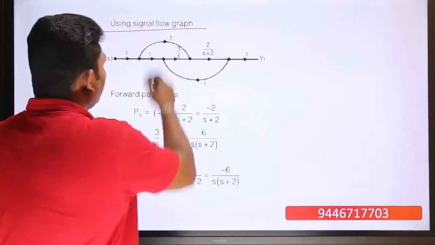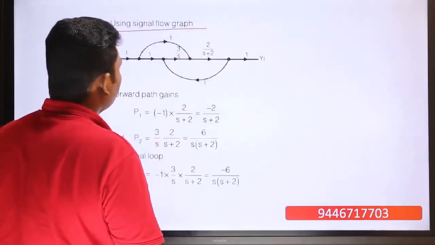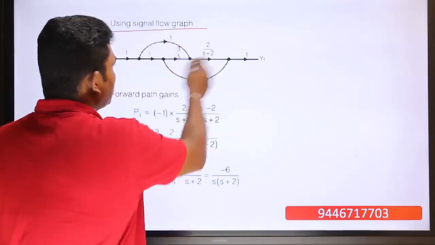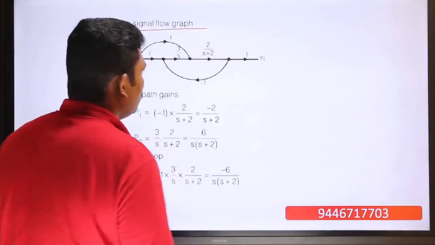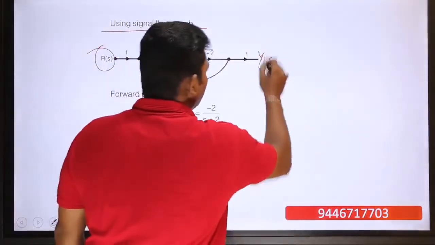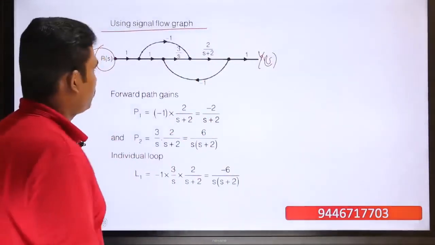The negative feedback becomes -1, and the forward transfer functions are 1 and 1, then 3/S and 2/(S+2), with input R(S) and output Y(S). This is the converted signal flow graph of our block diagram.